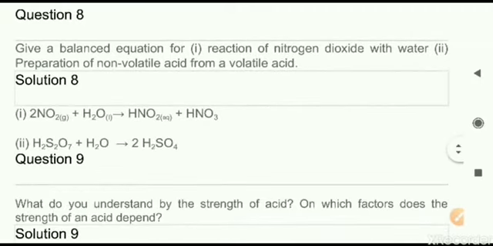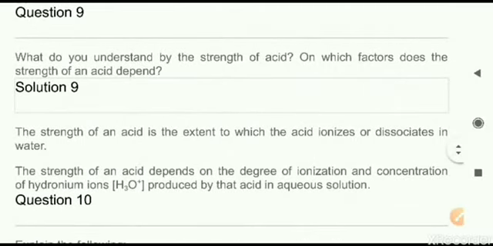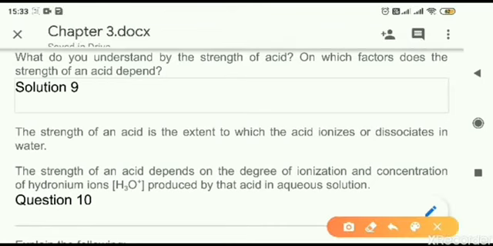Next, question number 8, give the balanced equation for these reactions. That equations you can note down. Next one, question number 9, what do you understand by the strength of the acid? On which factor does the strength of acid depend? So what is the strength? We have understood the concept of strong acids and weak acids. Related to that only they are asking.